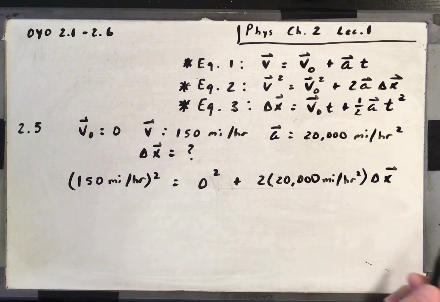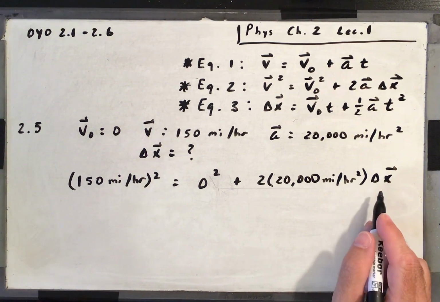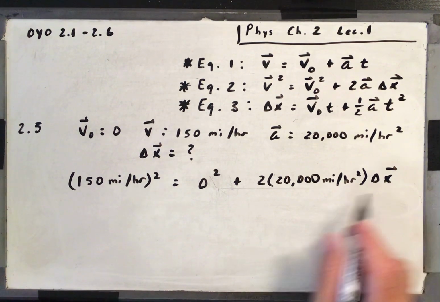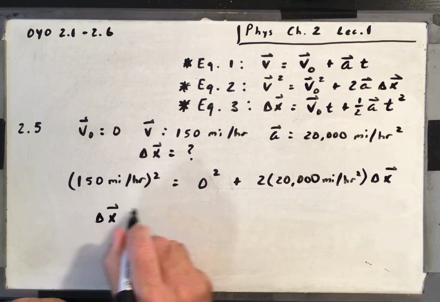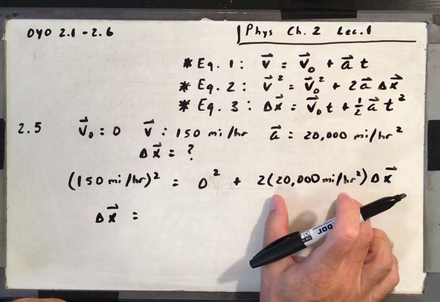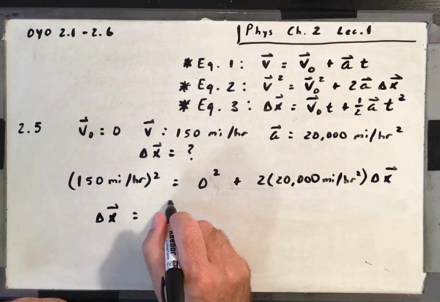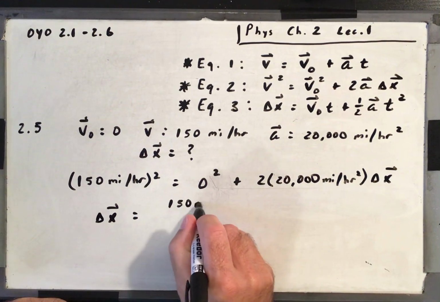How long a runway, so that we don't run off the end of it. Okay, so delta x, we're going to just pull that 2 and that 20,000 underneath 150 squared.